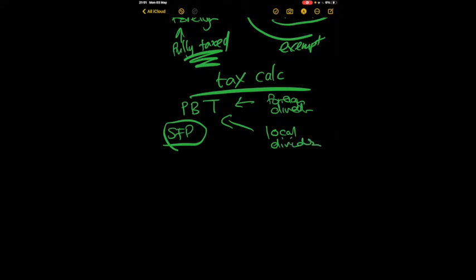But those local dividends are not going to be taxed, so I would need to adjust for the local dividends to exclude them from my tax calc. So they are excluded from my tax calc. Now again, what's sitting in the statement of financial position? Let's just assume that this was paid in cash, so we don't have to worry about that for now.